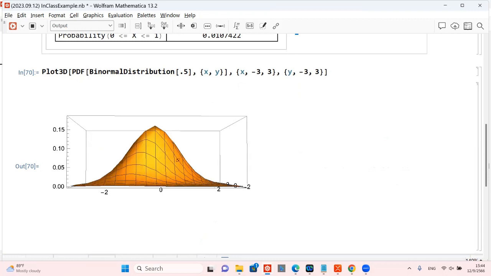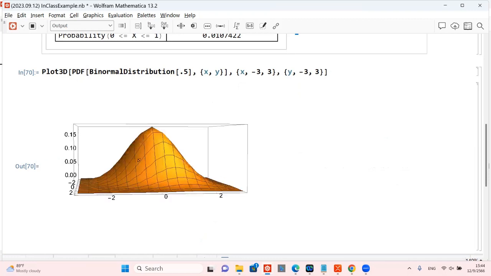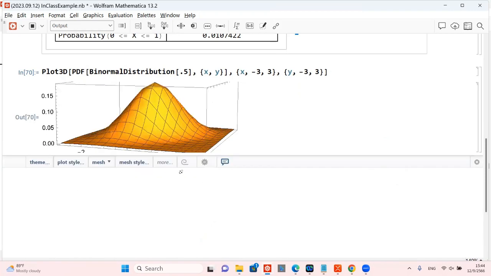Y is normal. And X and Y have a correlation.